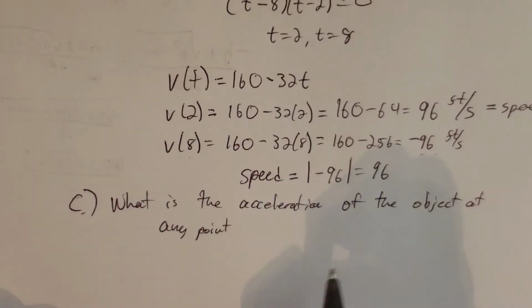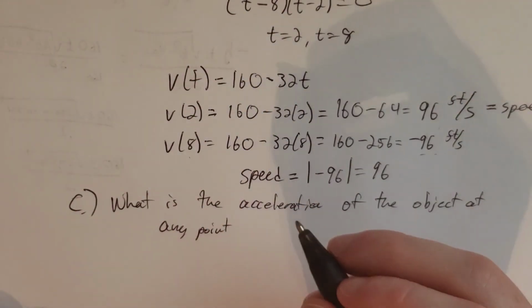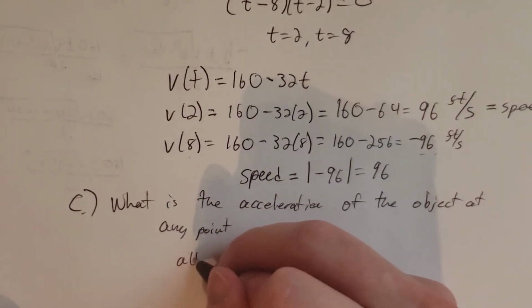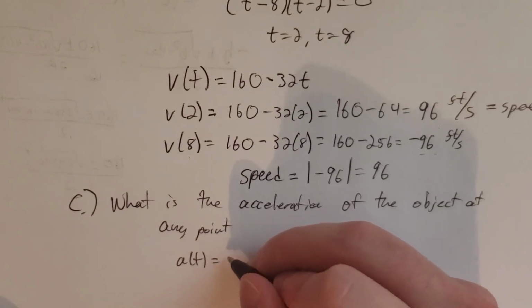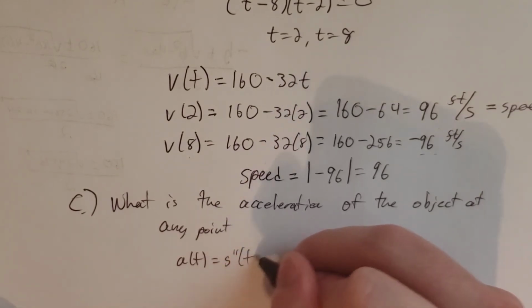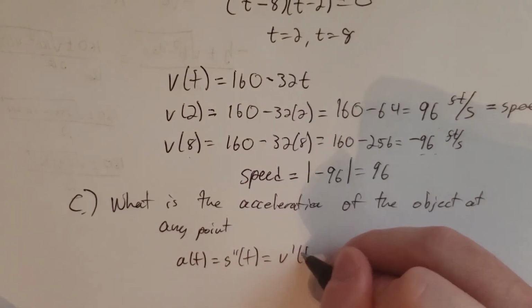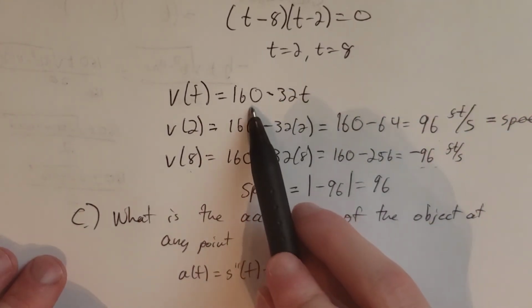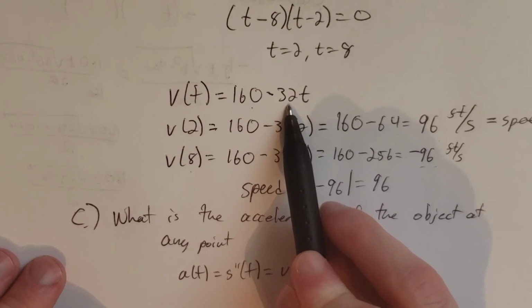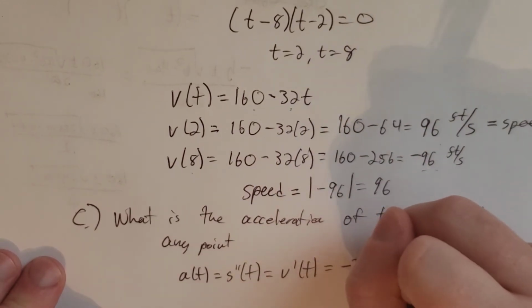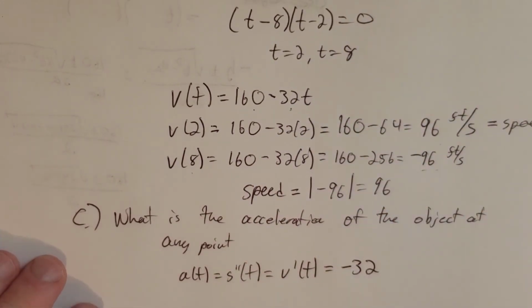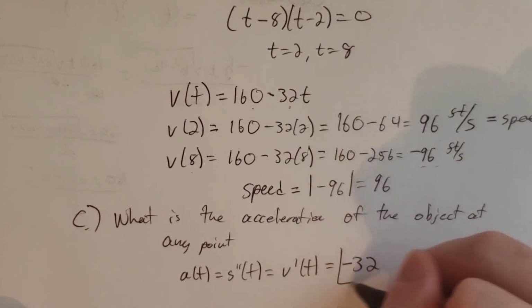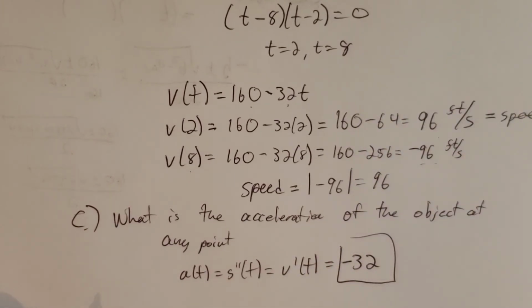Well, that means the second derivative of our s of t, which means the first derivative of v of t. Well, what was v of t? V of t again was 160 minus 32t. So this is negative 32. So our acceleration at any point is negative 32.